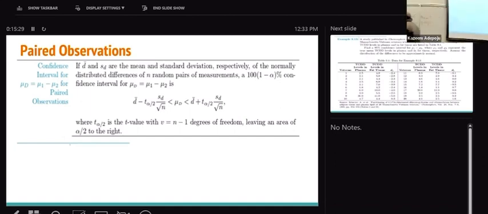But in a situation where the groups are dependent, where you are getting the information from the same person on different occasions, we don't call it difference of means. We call it mean of the difference. The English is not the same.